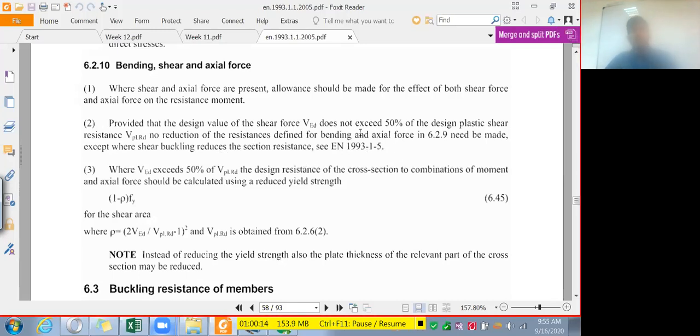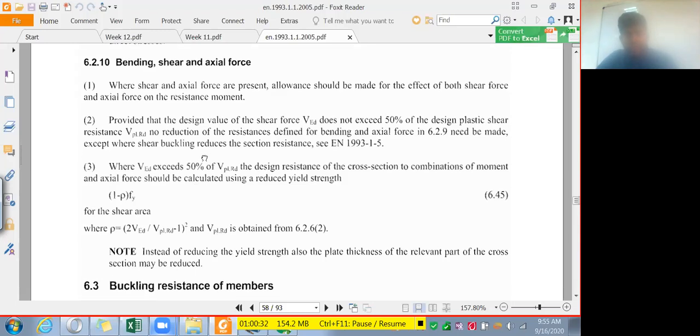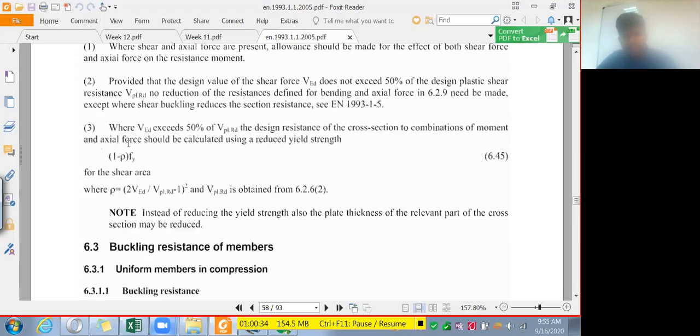So if your VED is less than half the VPLRD, you don't need to worry about that combined action. Where VED exceeds 50%, then you have to use this equation to calculate the revised yield strength so that you can obtain the revised bending capacity.